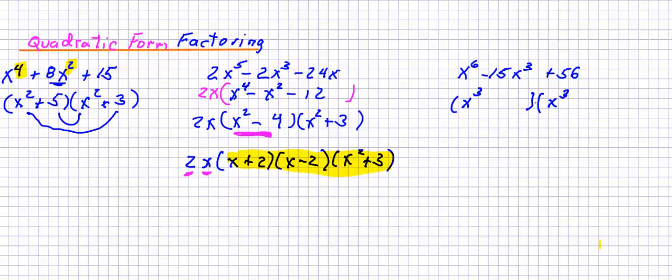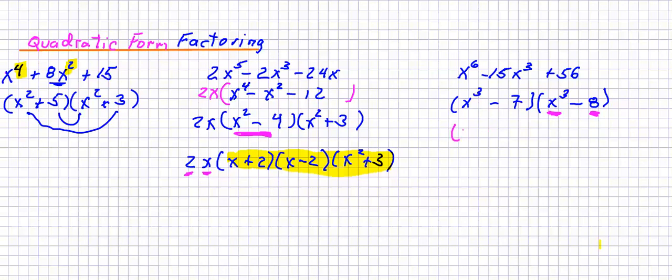To get x to the 6th, it's x cubed, minus 7, minus 8, and this gives us negative 7x cubed, negative 8x cubed is negative 15x cubed, and it works. When I look at my x cubed minus 8 here, though, I have a cube. 7 isn't a cube, but 8 is a perfect cube.